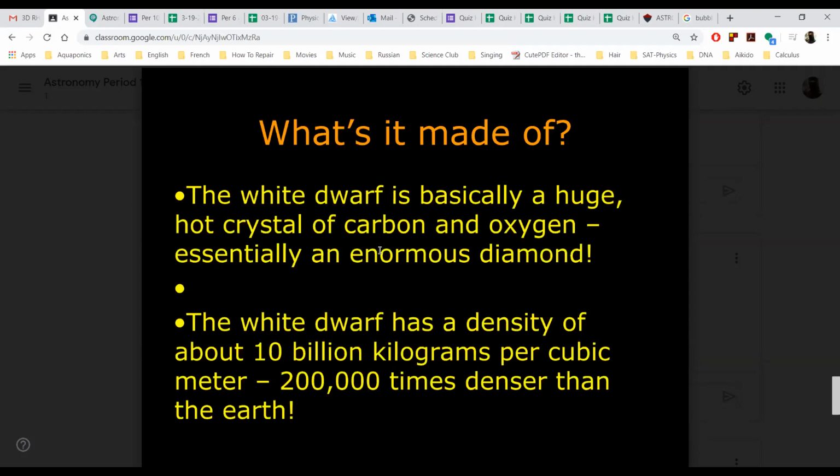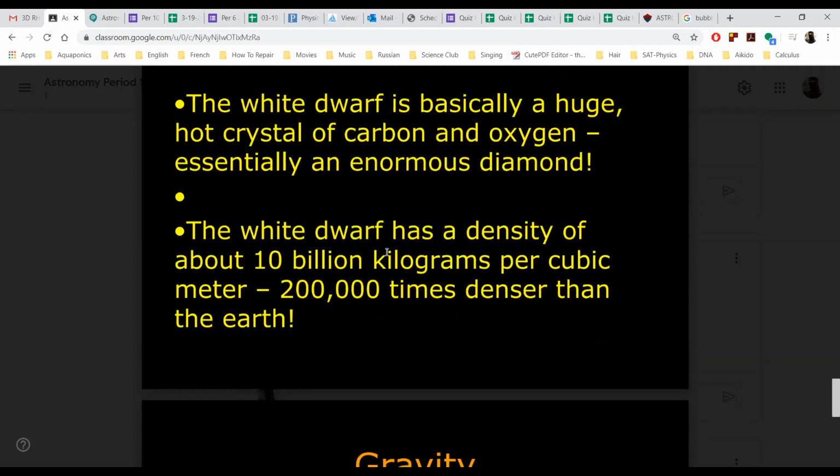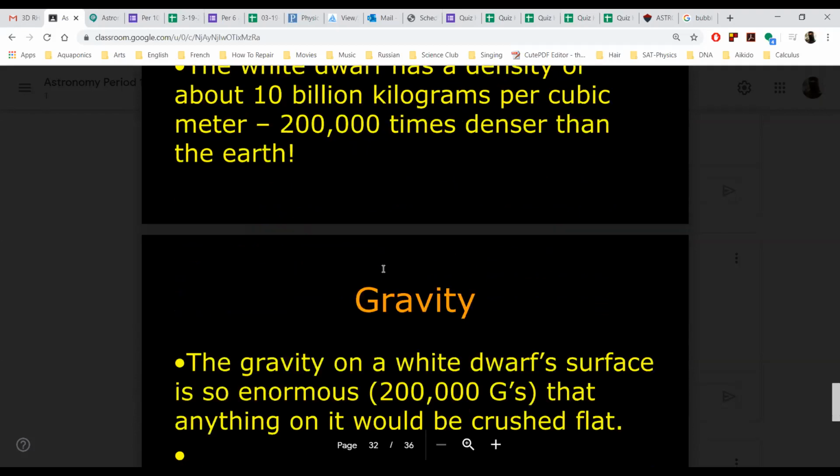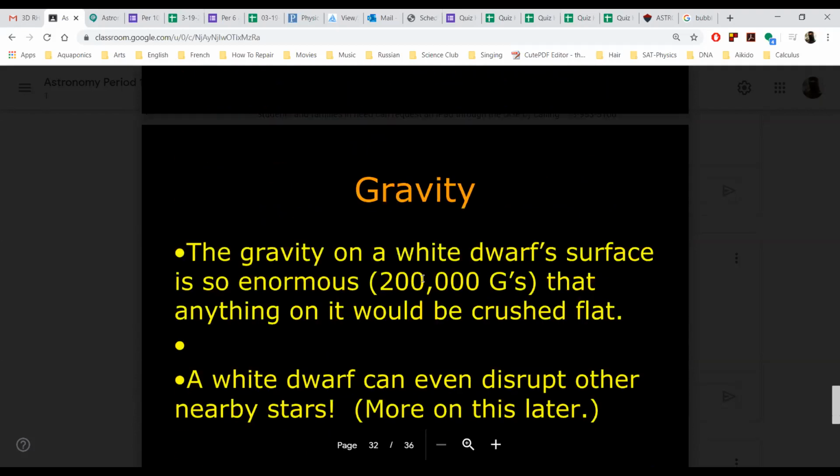You will be attracted to this diamond so much, it will become your precious, and you won't be able to give it to anybody. Gravitational attraction will be roughly 200,000 Gs. G should actually be lowercase, the gravity of Earth. So anything on the surface will just be flattened.